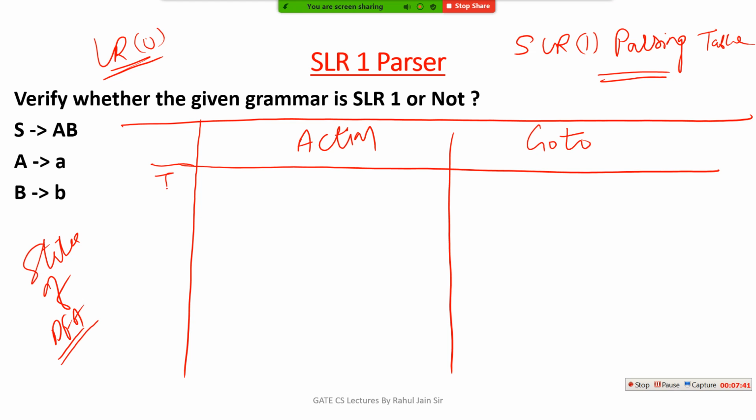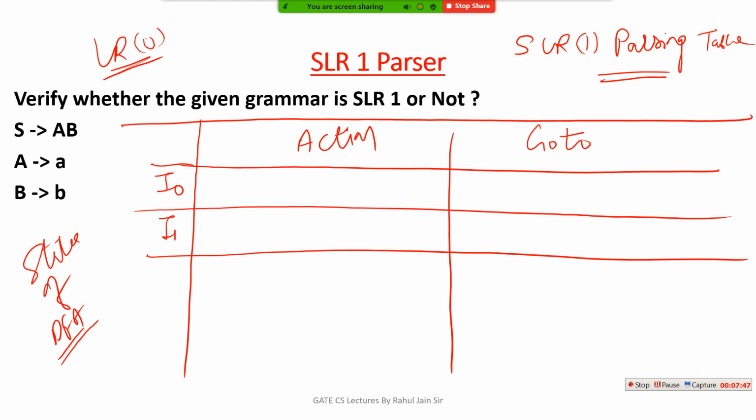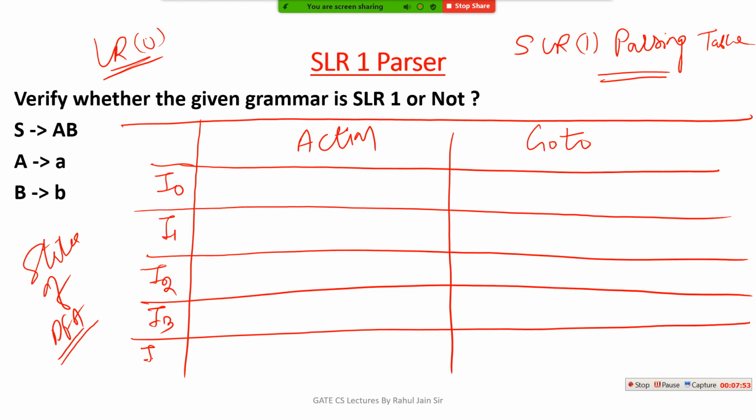What are the states of the DFA? I0, I1, I2, I3, I4 and I5. Now in the action table I need to mention all the terminals. How many terminals do I have?